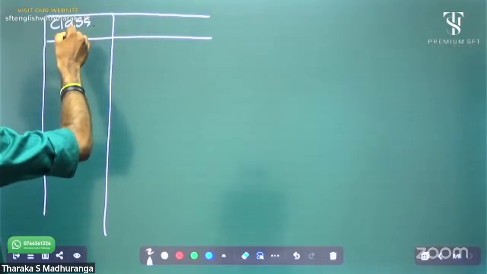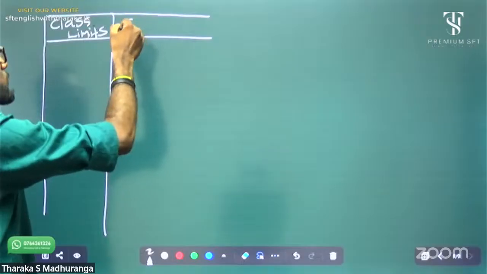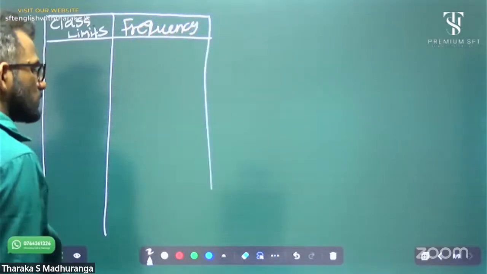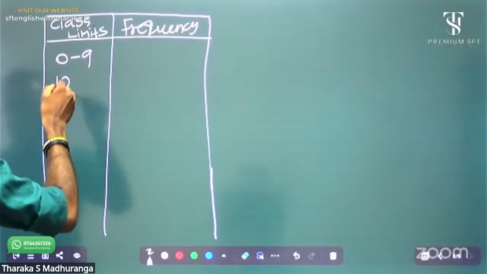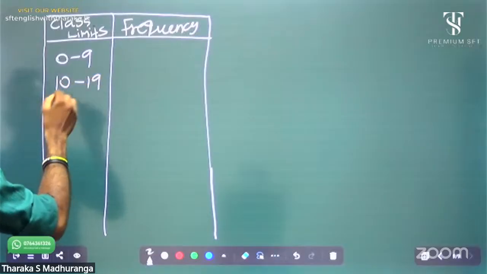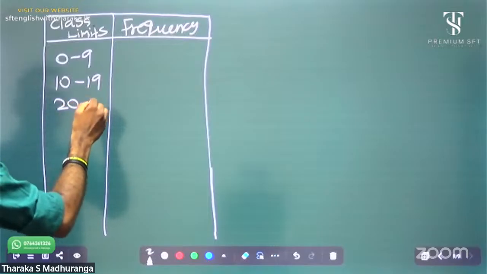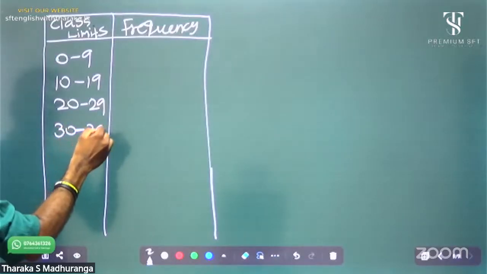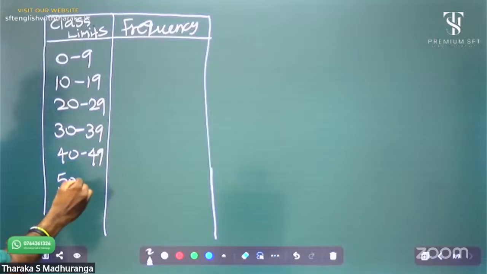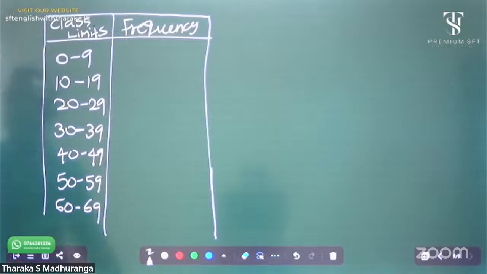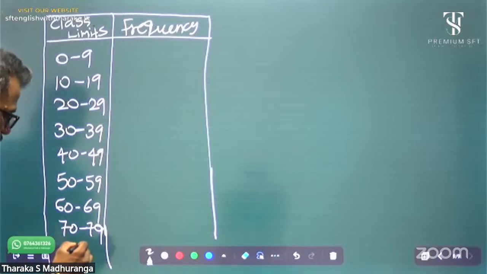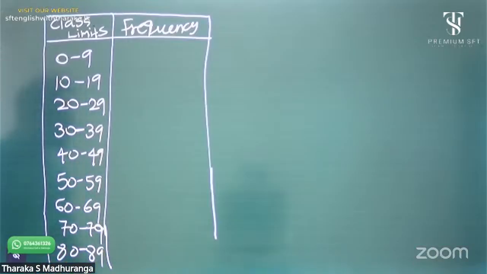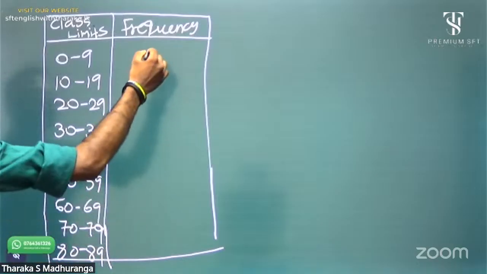Class limits, frequency. 0 to 9, 10 to 19, 20 to 29, 30 to 39, 40 to 49, 50 to 59, 60 to 69, 70 to 79, finally 80 to 89. Up to 89, 1 2 3 4 5 6 7 8 9, 9 classes.